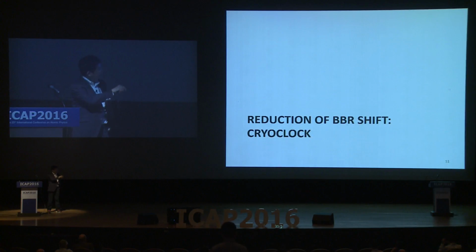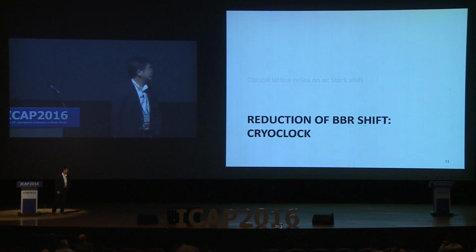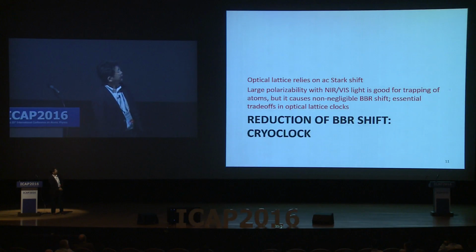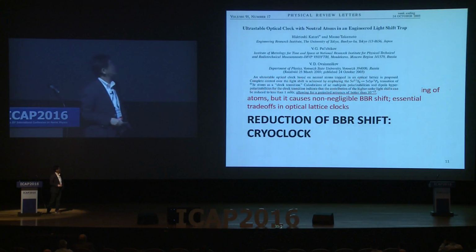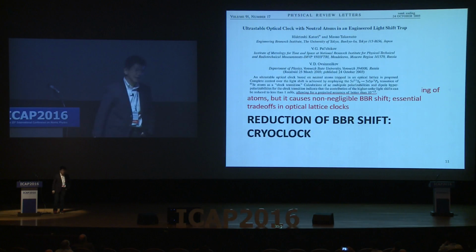So reduction of the blackbody radiation shift was a big concern for us. Optical lattice relies on the Stark shift, but the Stark shift due to the blackbody radiation gives us uncertainty. When we proposed the lattice clock, we thought the goal would be 10 to the minus 17.